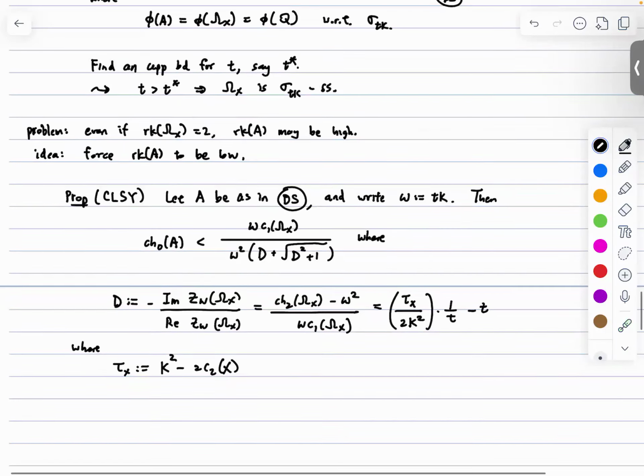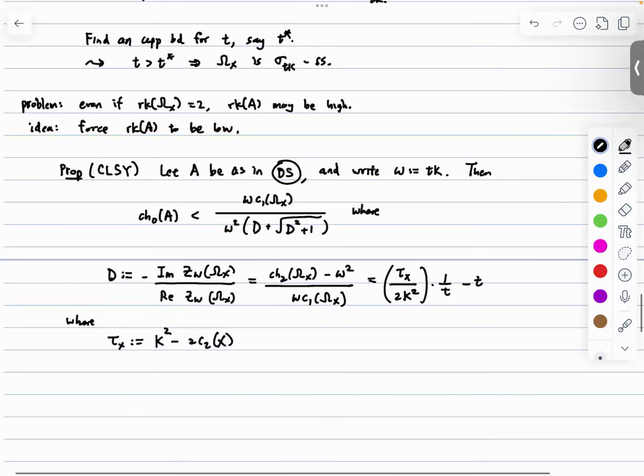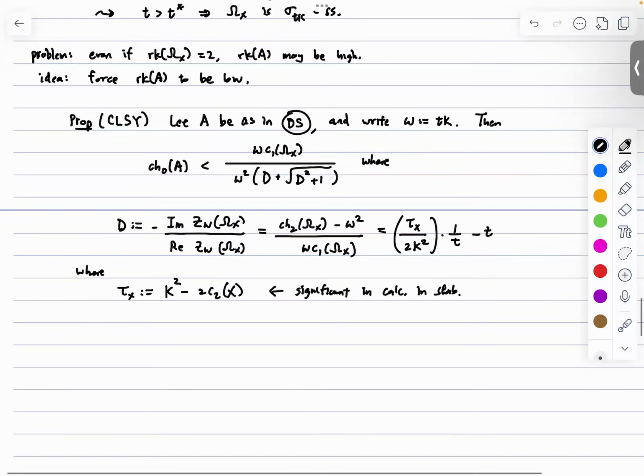But it also seems to play a role in the geography of surfaces of general type. So this number is significant, and I think in some literature, this is called the index of the surface X.